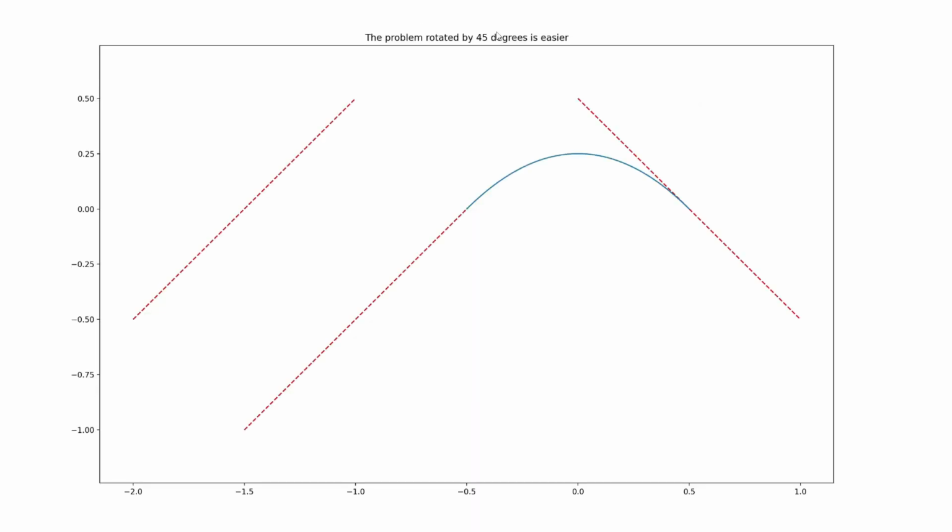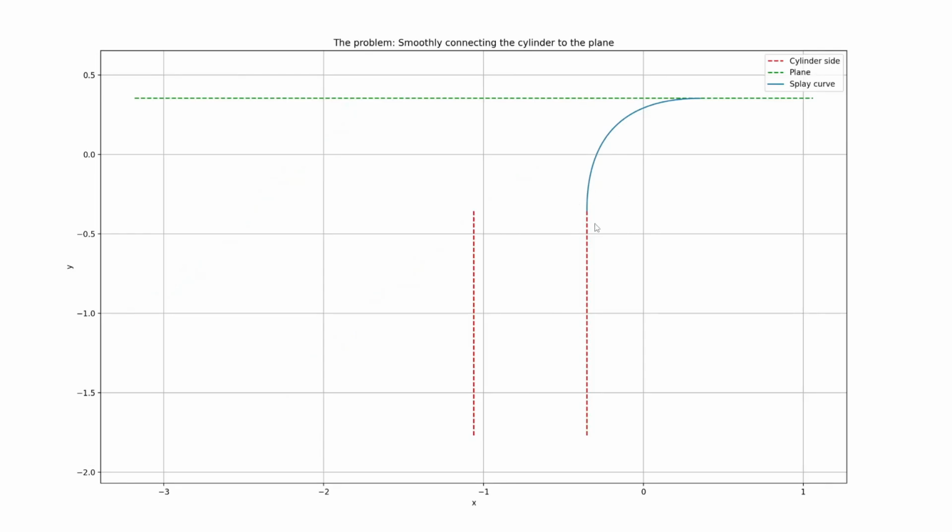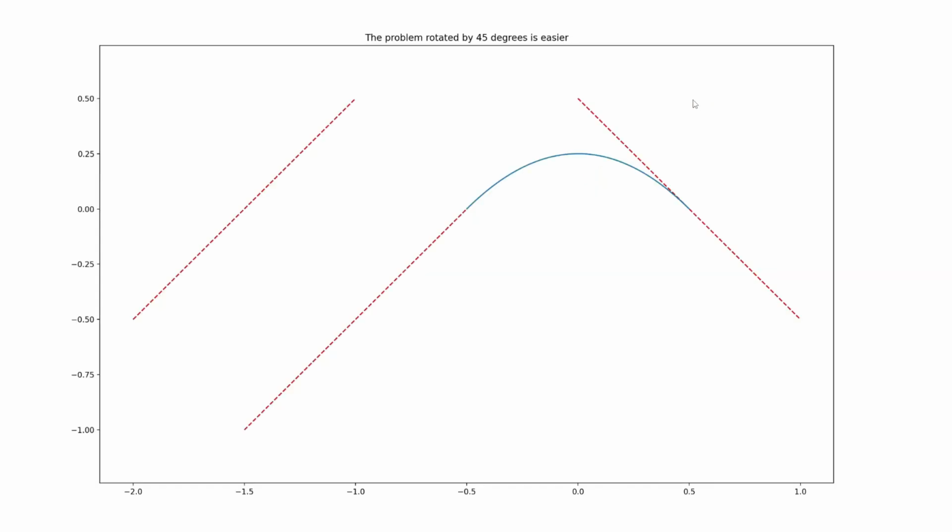Okay, and so the easier way to do that is to rotate it 45 degrees. I'm not going to explain a whole lot about why this is easier, except to say that if you're just trying to solve for this curve, the derivative here is infinity, and the derivative here is 0. But if you rotate it 45 degrees, the derivative here is positive 1, and the derivative here is negative 1.